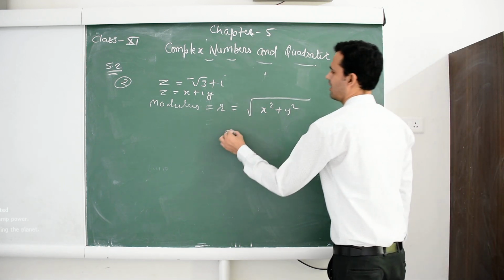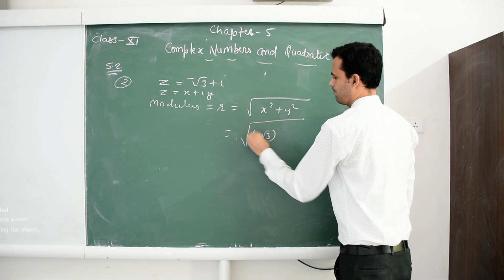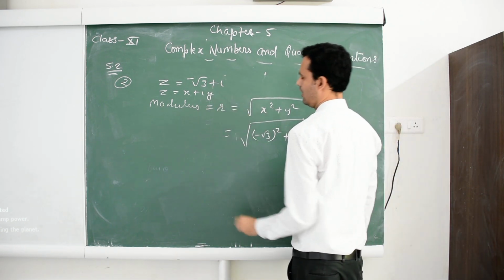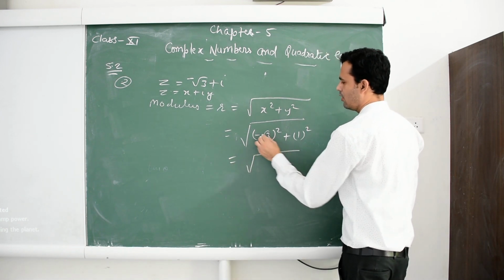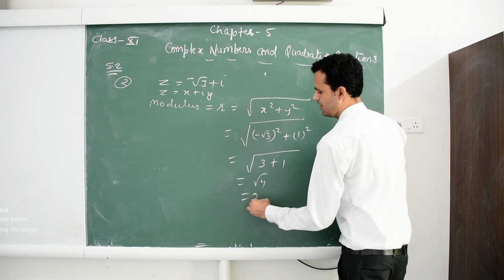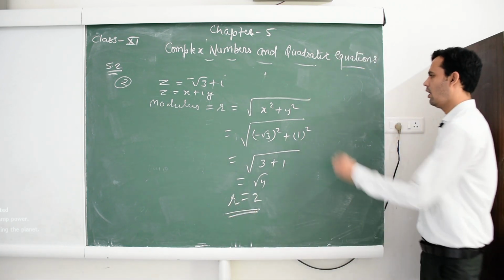So x is minus root 3 and y is 1. So the square of root 3 is 3 plus 1, root 4, it means 2. Modulus is 2.